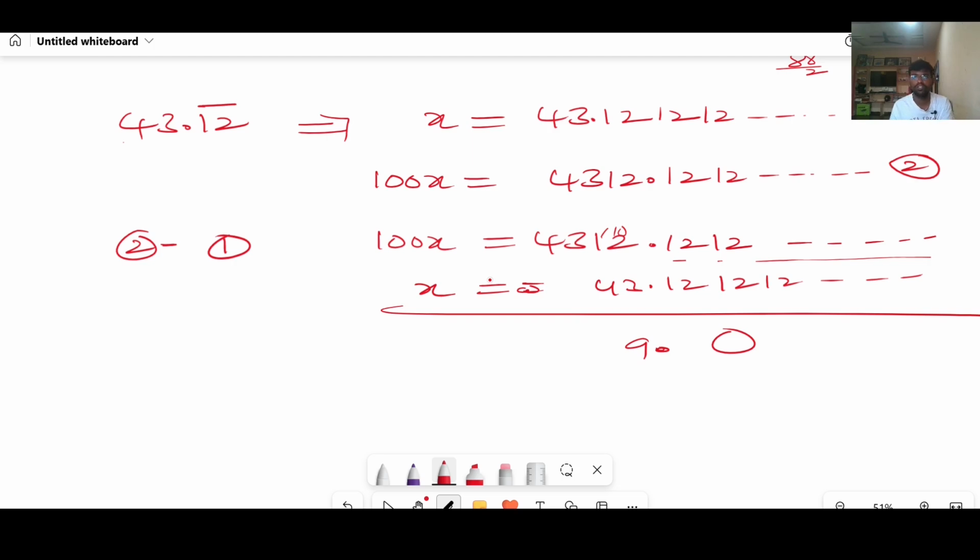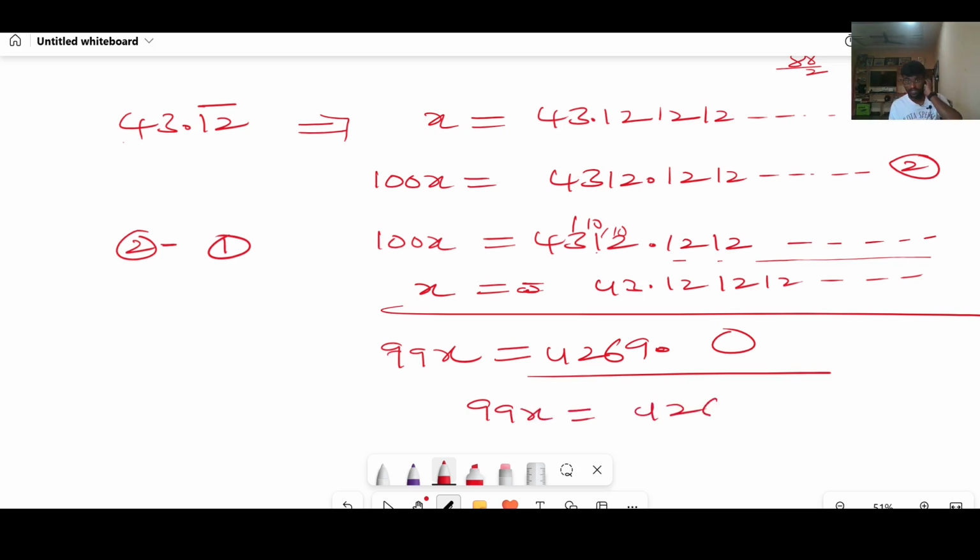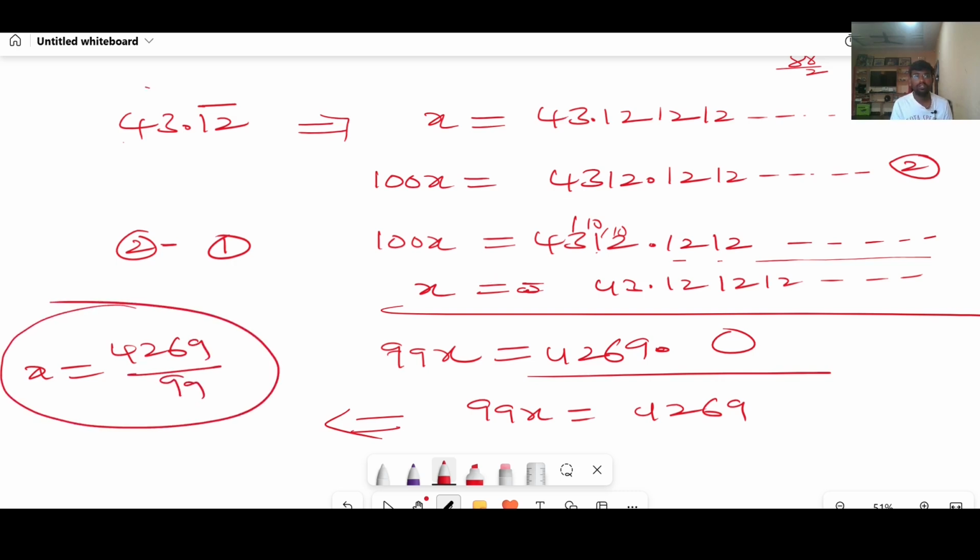You will have 0 here, and again you will borrow, 10 minus 4 is 6, and 42 6 9. 100x minus x is 99x. 99x equal to 4269. We will be left with x equal to 4269 by 99. This is the fractional form of 43.12 recurring, right? 12 bar. Recurring means bar only, right?